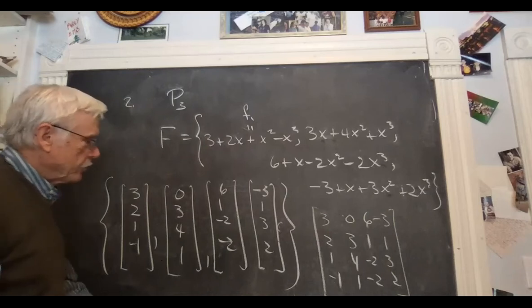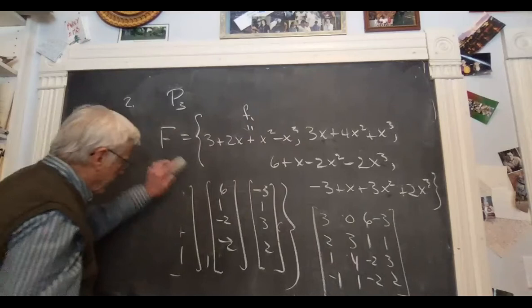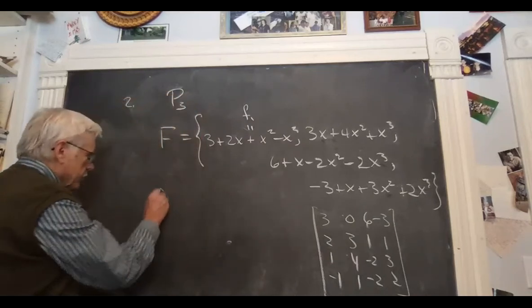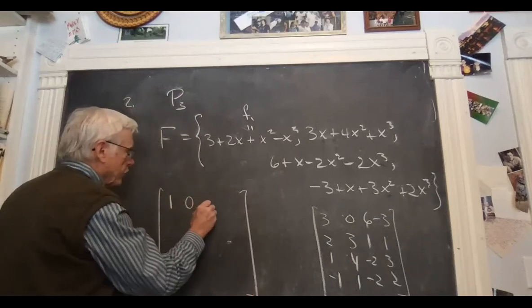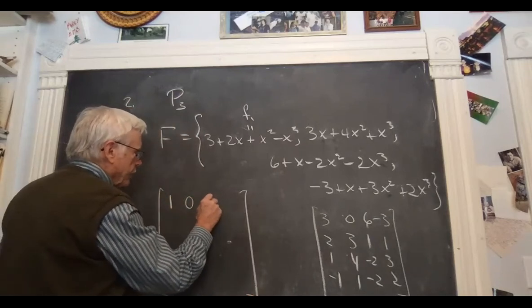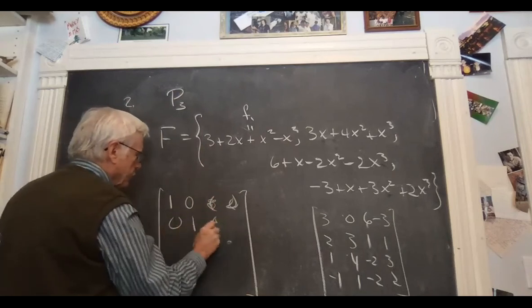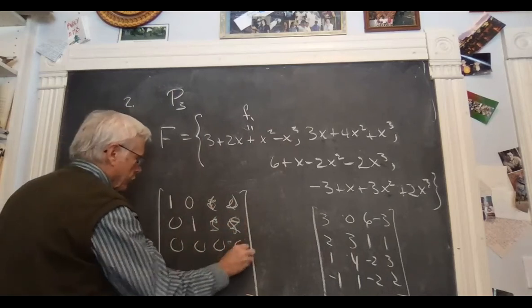Okay, so now we want to row reduce this, see what we get. So I'll use Mathematica to row reduce. And when we row reduce this, we get 1, 0, and I forget what these numbers are, but we get 2 numbers here, 0, 1, a couple numbers here, and then all the rest zeros.